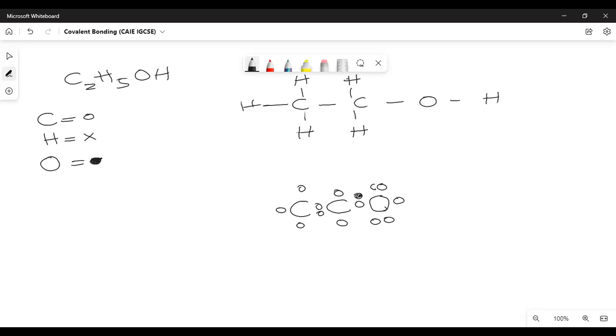Cross hydrogen, cross hydrogen, cross hydrogen, cross hydrogen, so on and so forth. All the crosses and all the hydrogen atoms. Right? That gives you the idea.